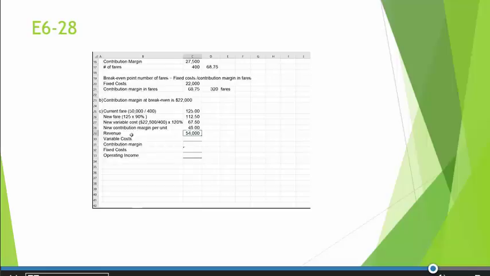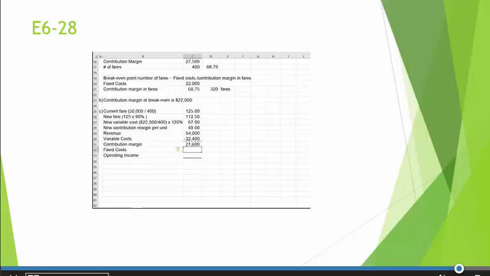That would be revenue of $54,000, so our revenue has increased. Our variable costs are now $67.50 multiplied by the 480 fares we expect to sell, which gives a new contribution margin of $21,600.